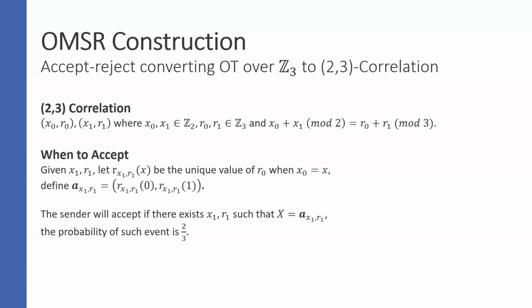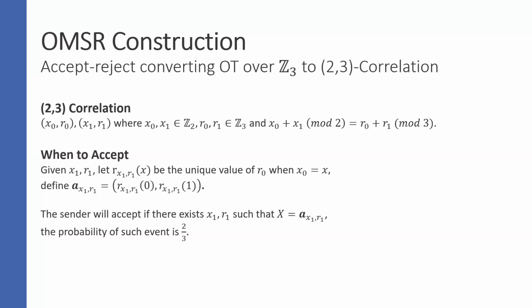So I'll set up a few notations to help us along. We define a function R sub x1 r1 of x to be the unique value of r0 when x0 equals x. And we also define the vector A sub x1 r1 to be the evaluation of this function on 0 and 1. So the main idea is that we want the receiver to output his index and secret, and the sender to output something such that the whole output is a random two-three correlation.